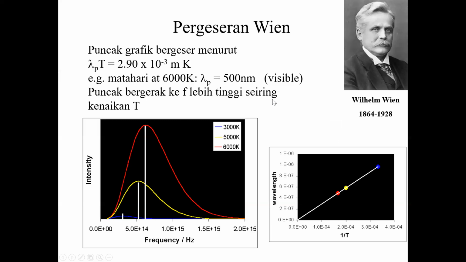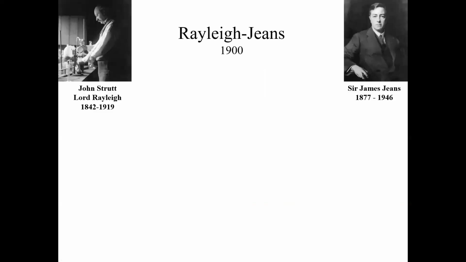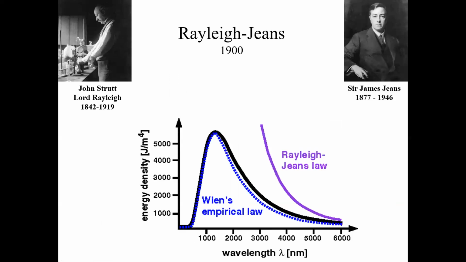So this curve is produced by Wien's experiment. Two British physicists, James Jeans and John William Strutt, Lord Rayleigh, attempted to formulate a theory to explain this data, Wien's empirical data.